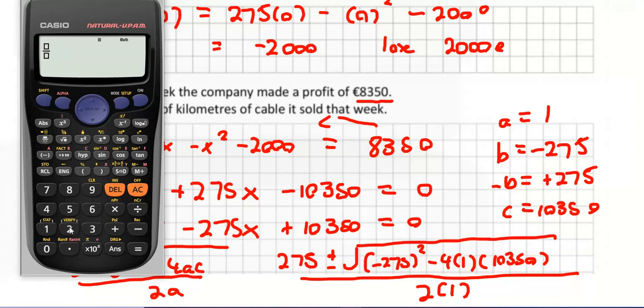Press the fraction button, 275. We'll start off with the plus answer. It can be plus or minus. Something squared minus 4 times something. So we're going to fill out the b value here, which is minus 275. The a value, which is 1. And then 10,350. All over 2 times 1.